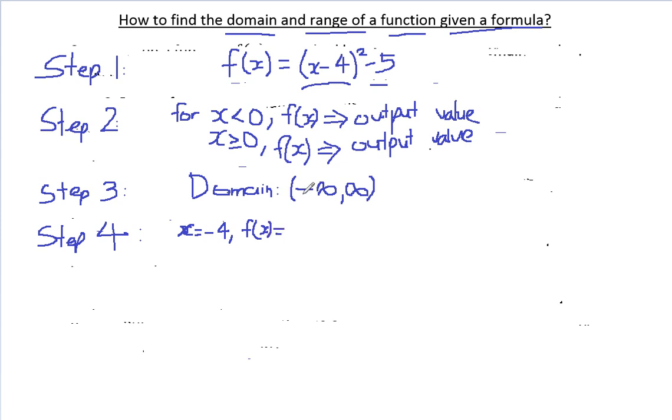equals, so -4 squared... -8 and 8 squared equals 64. 64 minus 5 is 59.